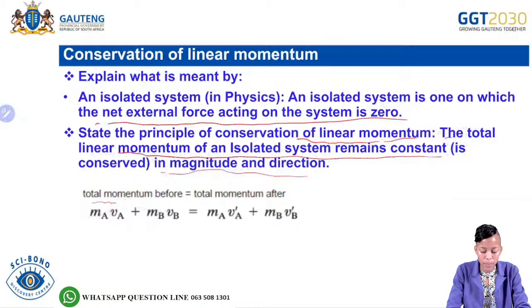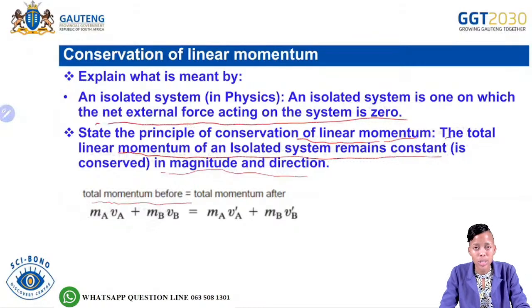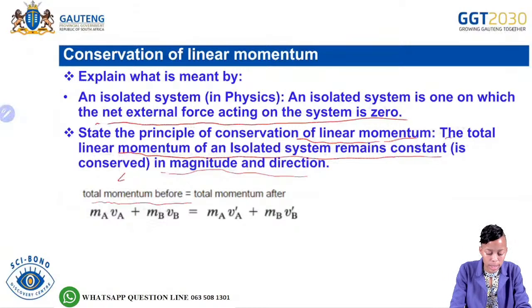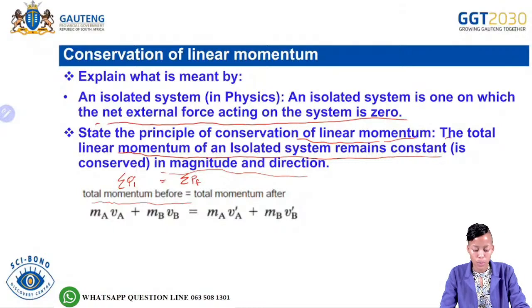So from there, you need to know how to use this formula of the total momentum before, or you can also write it as the sum of the initial momentum is equal to the sum of the final momentum. So the total momentum before is equal to the total momentum after.